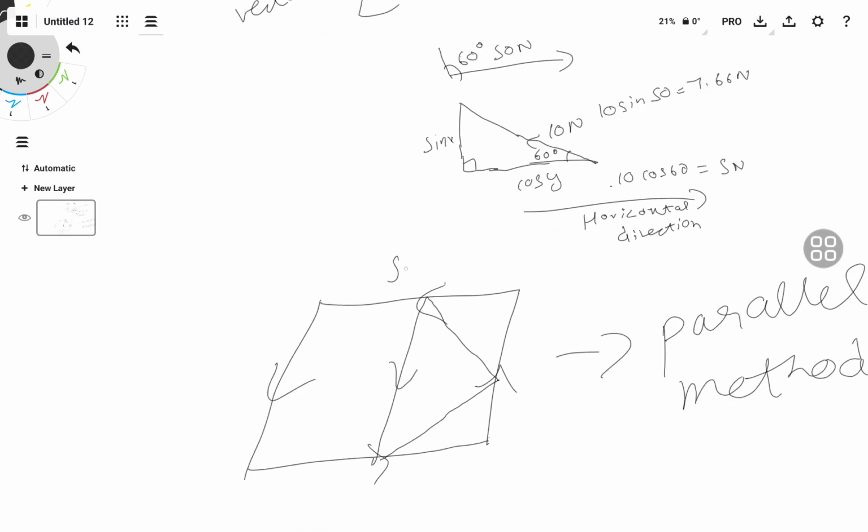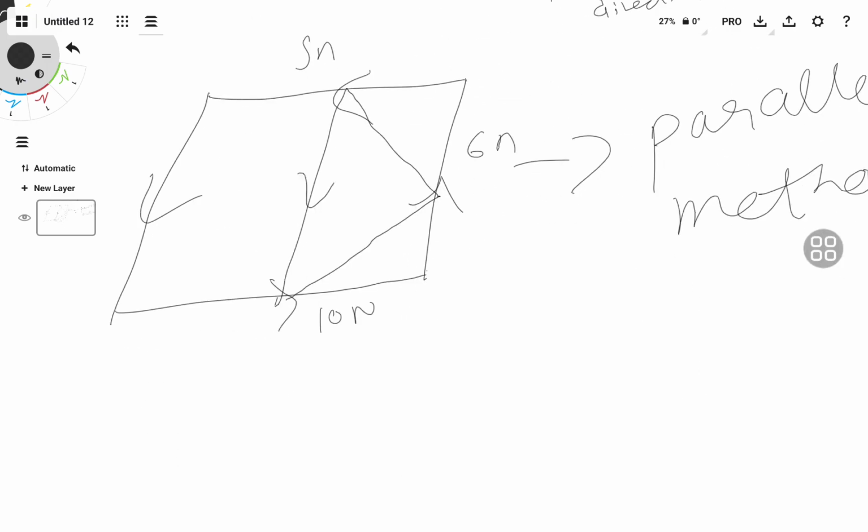So 5 Newton here, 5 Newton, 6 Newton, 10 Newton. So we will have 10 Newton squared, 10 square, 6 square, 5 square. You will have 161.